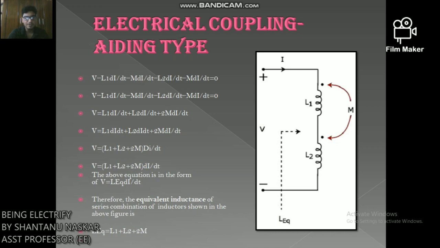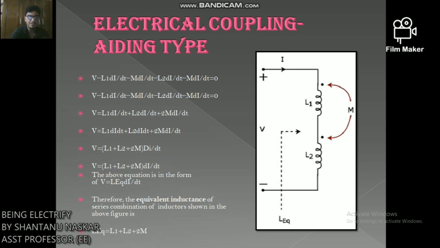Then V equals L1 di by dt plus L2 di by dt plus 2M di by dt. So V equals, within bracket, L1 plus L2 plus 2M, times di by dt.